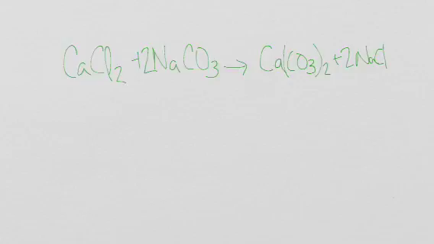So if we look at this equation, we see that it is in fact balanced. If I was to look at all of my calciums, my chlorines, my sodiums, my carbons, and my oxygens, I would see that there's the same amount on both sides. Now, the interesting thing here is when I put a 2 in front of my NaCO3, I'm actually multiplying 2 times Na and 2 times CO3.